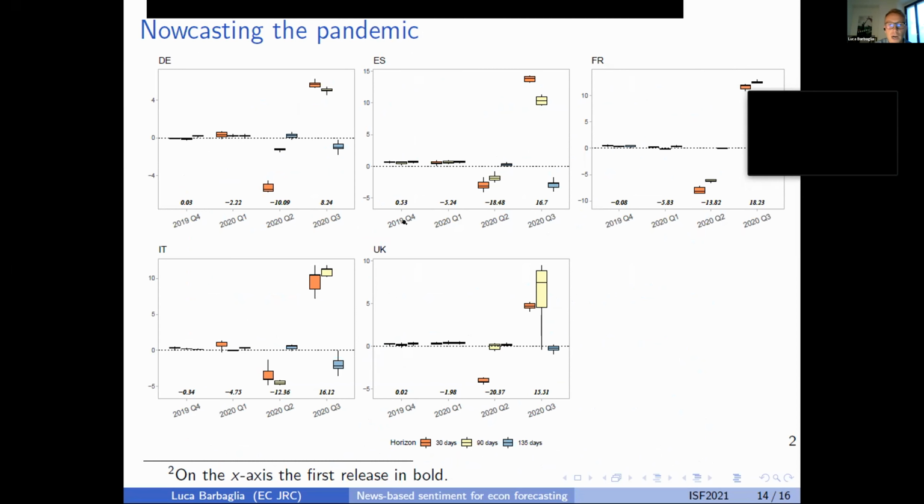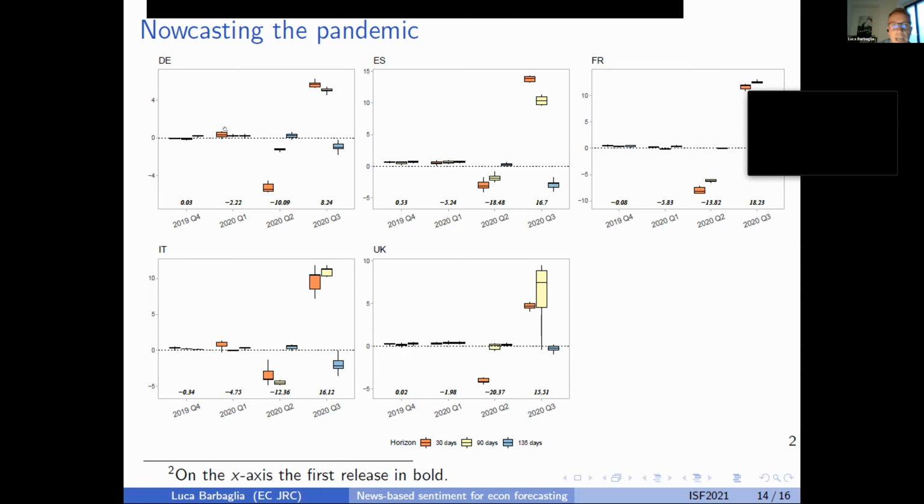Here I'm reporting the nowcast and the forecast at different horizons, 30 days, 90 days, and 135 days, for the last quarter of 2019 and the first 3 quarters of 2020. On the x-axis, you will see the actual first release of GDP.